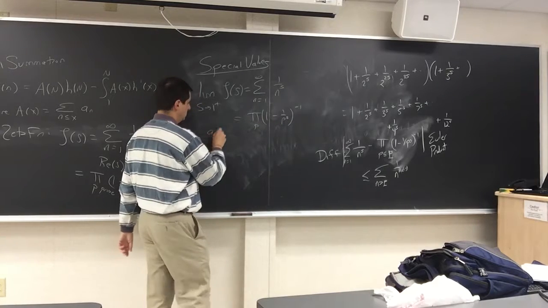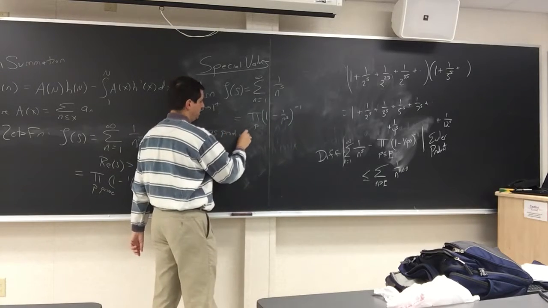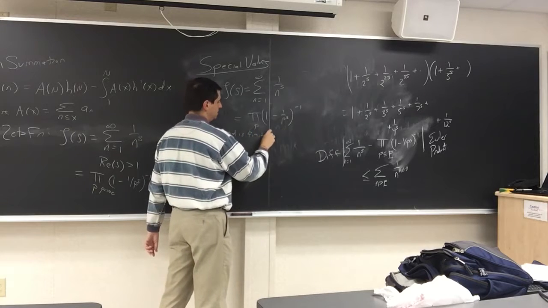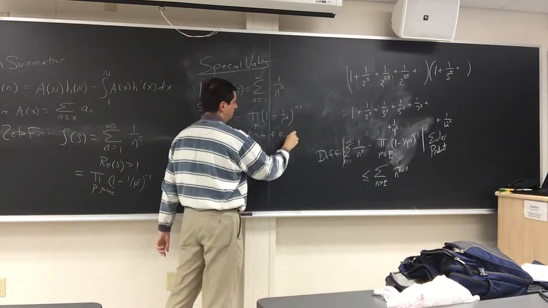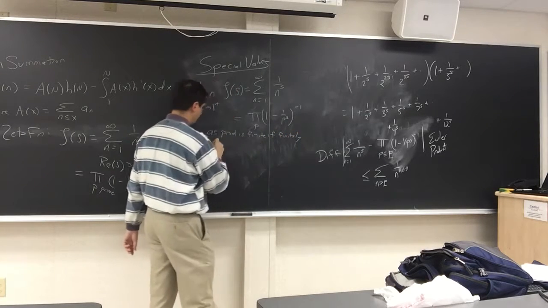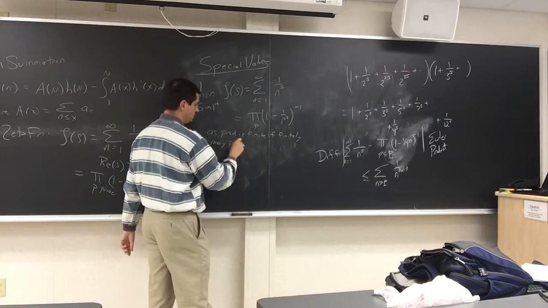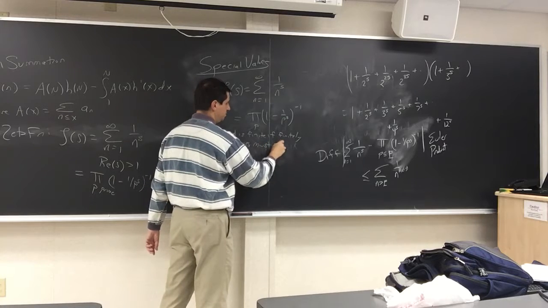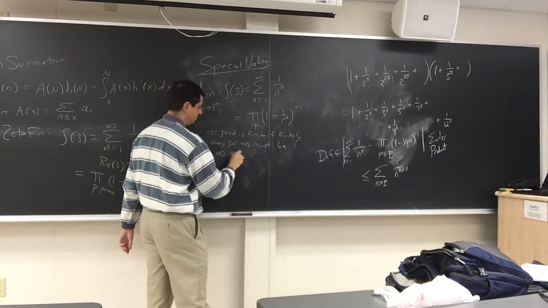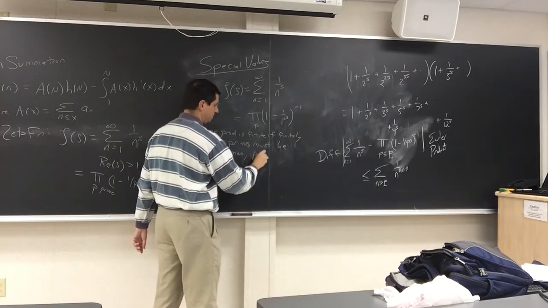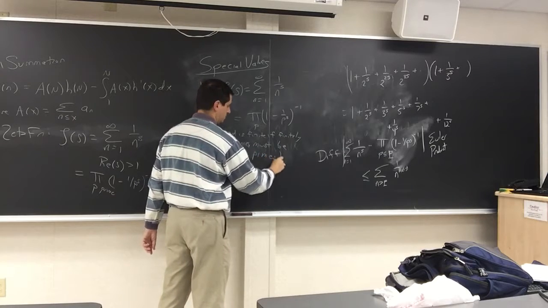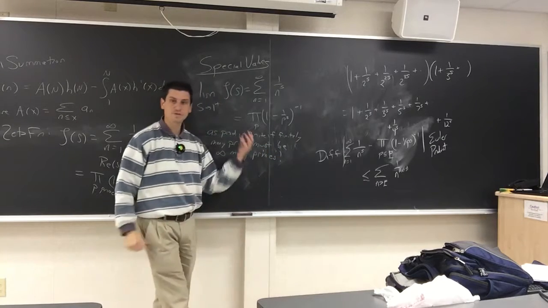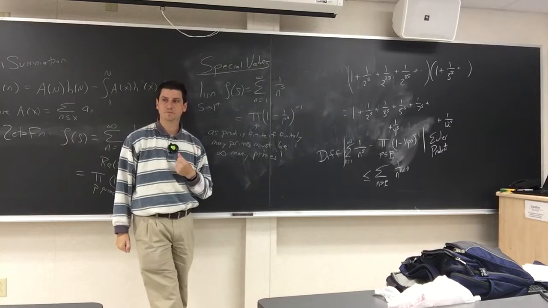So a product is finite if there are finitely many primes, so there must be infinitely many primes. So that's a wonderful result. There must be infinitely many primes.